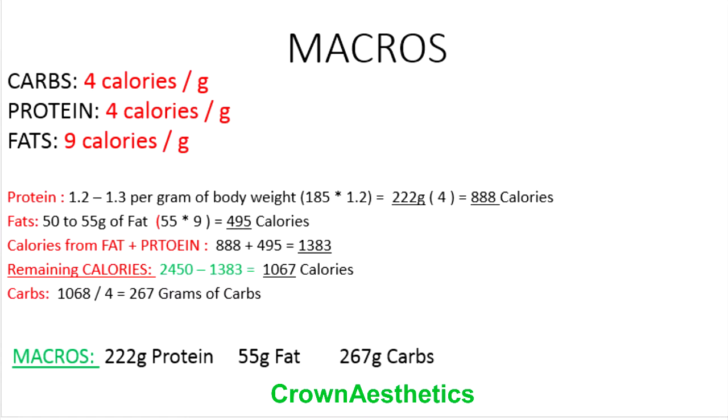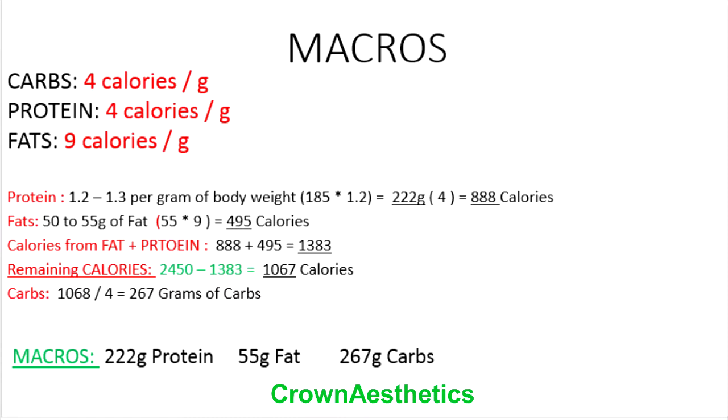Okay, now to figure out your carbs, as I mentioned, we're gonna have whatever calories we have left for our carbs, pretty much. So what you're gonna do is get those 2 calorie numbers you got from protein and fat and add them up. Now I did that here, and as you can see, I got 1,383 calories for the protein and fat he's taking in.